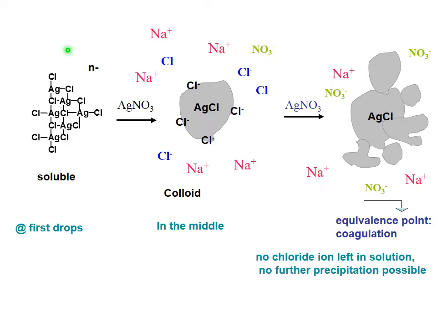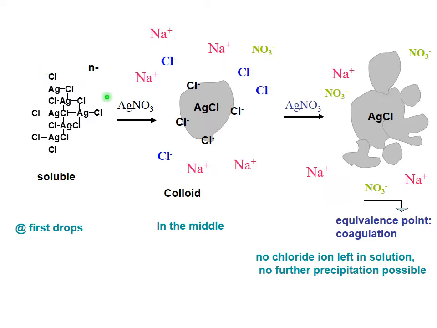So what happens in our precipitation process? At the very first moment, first drops, the result is nothing. You are not reaching the solubility product yet. Then more complex compounds are forming, including neutral molecules of AgCl, very few of them.